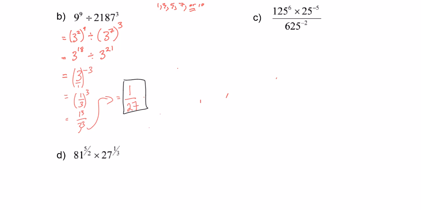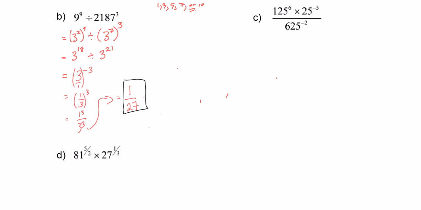Now, let's take a look at the next problem we have here. We have 125 to the 6 times 25 to the negative 5, and 625 to the negative 2. A big hint: anything that ends in a 5 might end up being a base 5.